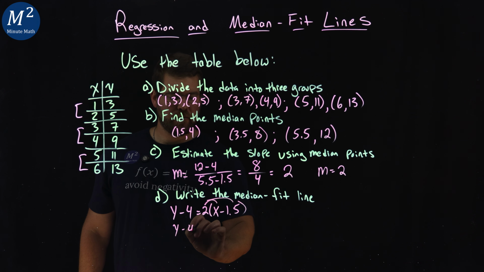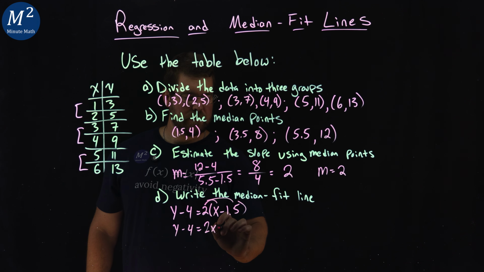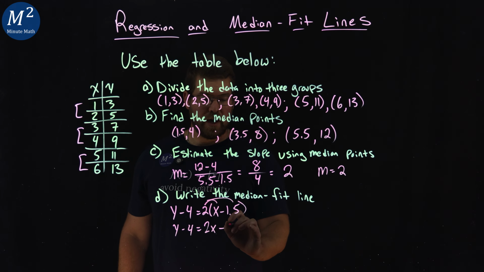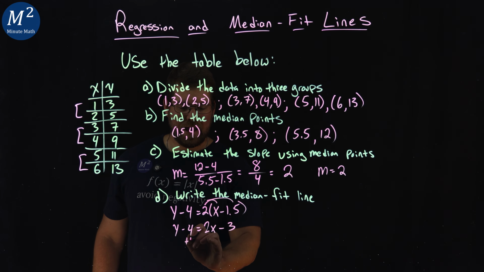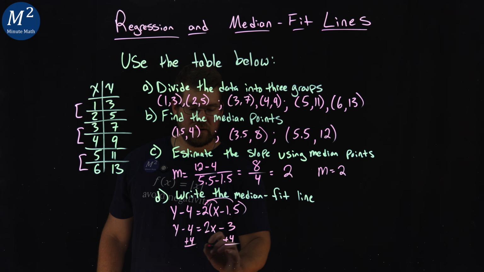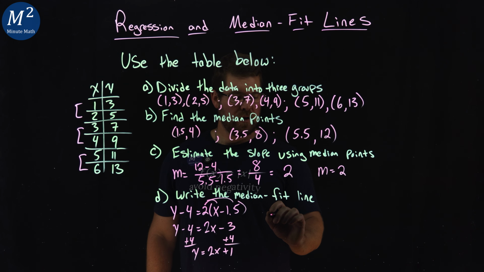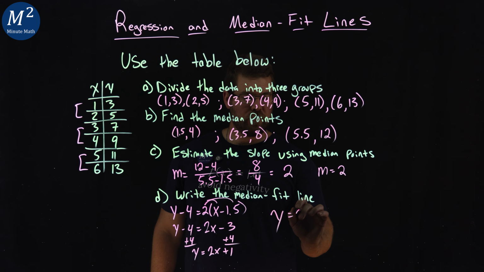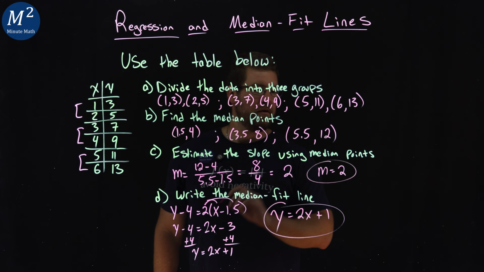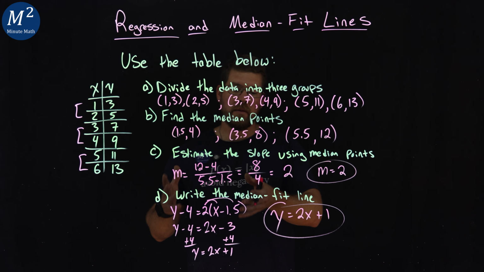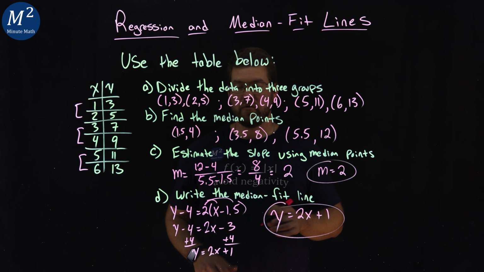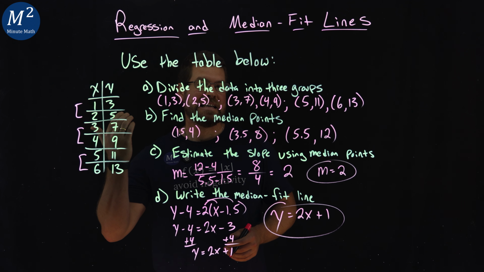We have y minus 4 equals 2x minus 2 times 1.5 is 3. I add a 4 to both sides here. Y is by itself, and I have 2x plus 1, minus 3 plus 4 is a 1. So our median fit line is y equals 2x plus 1. All right. So there we had it. We found the median fit line, y equals 2x plus 1, from our data here.